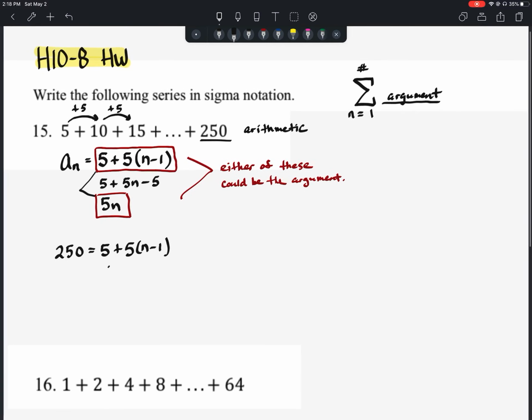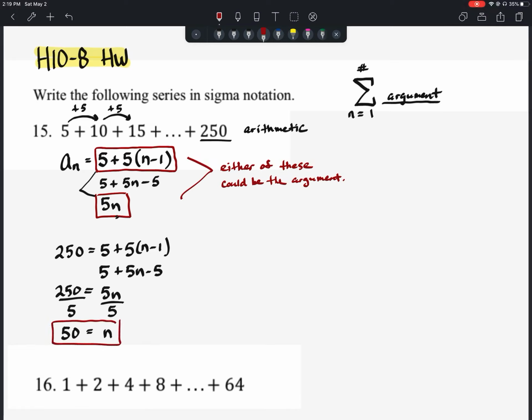If I distribute it through, we have 5 plus 5n minus 5, and if I solve it this way, it took me right to this one. That equals 250. So the number of terms we have there should be 250 divided by 5, which would be 50. So we know that there are 50 terms here.